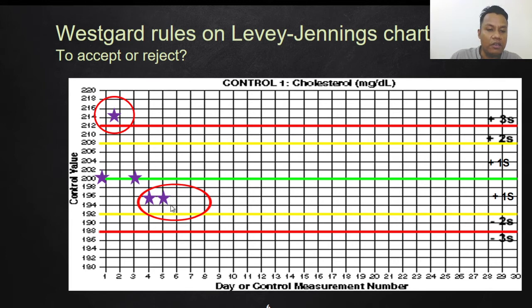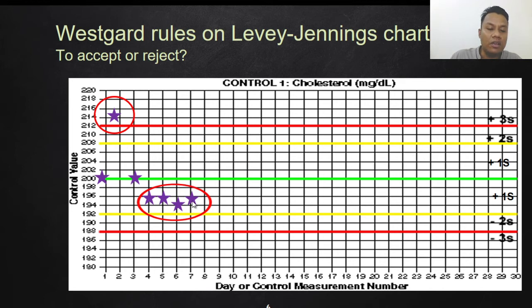Again, we might feel there might be something wrong, but the analyzer's performance can still be accepted for that day. On the third day, they are still giving the same result, still more than 1S. On the fourth day, they are still giving the same pattern of result, all accumulated here. So on the fourth day, starting from here, 1, 2, 3, 4, we need to reject the QC.